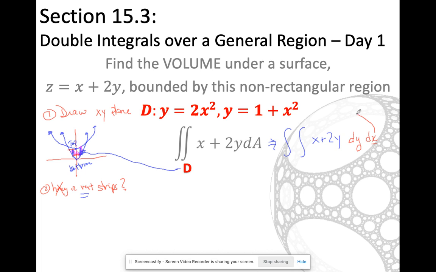And if dx goes second, that means your constants go on the outside. Set up your double integral, find your constants. Right, so dx, what are my constants? My constants come from here. Where does 2x squared meet 1 plus x squared?